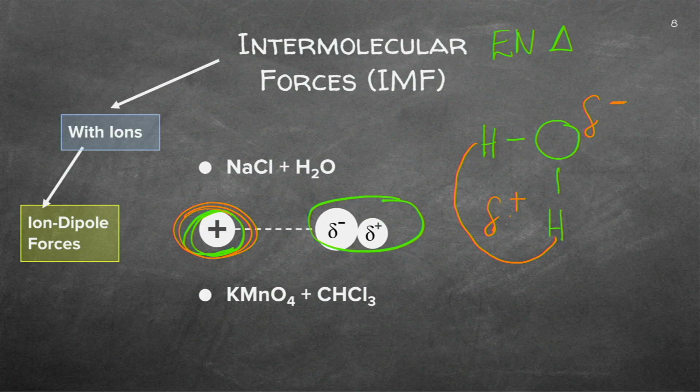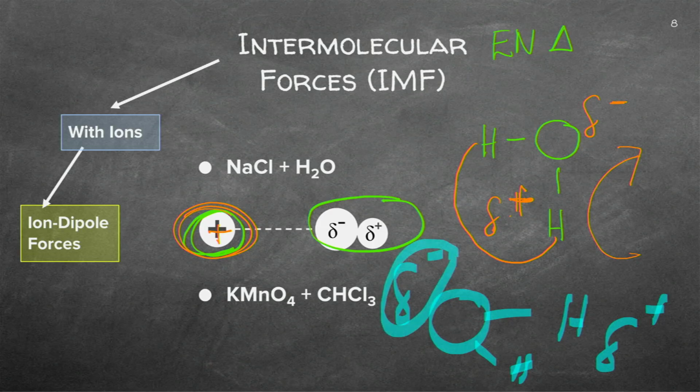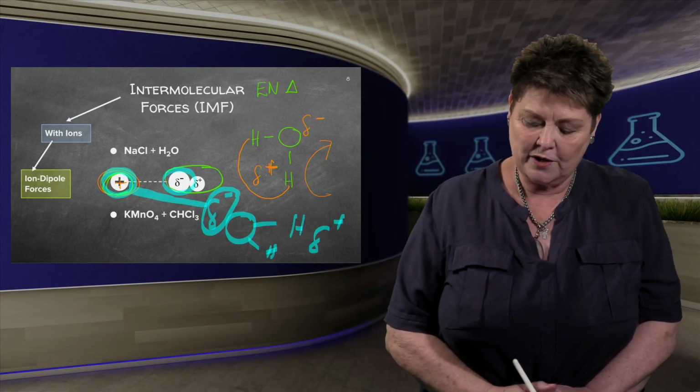So this side positive and this positive will repel each other. And this whole water will turn around, and you will find then that you've got the oxygen with a slightly negative this side, with the hydrogens on the other side that's positive. And can you see what this negative does? It will be attracted to this positive, exactly like this diagram is showing you.